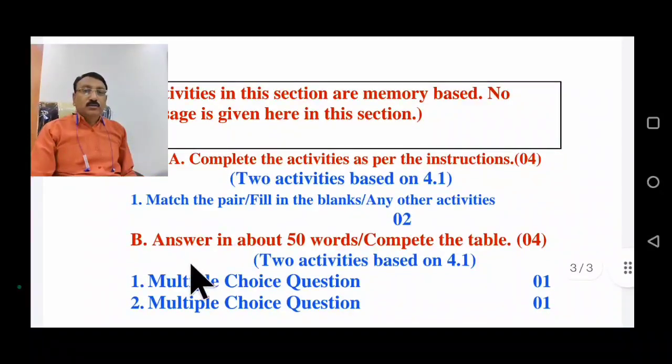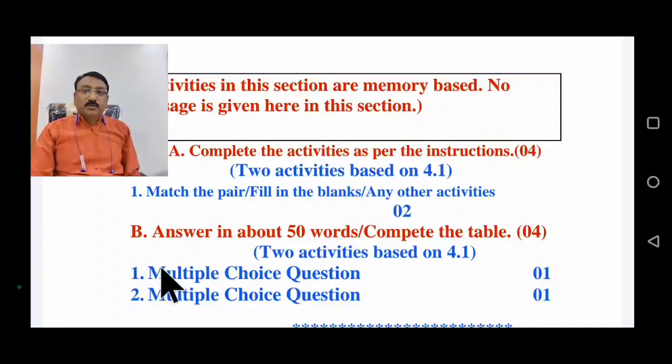So here a little bit of change has been made. Instead of the activities where the students need to respond in about 50 words, an activity like multiple choice question has been set in question number 5B. Here the student will have 3 options.